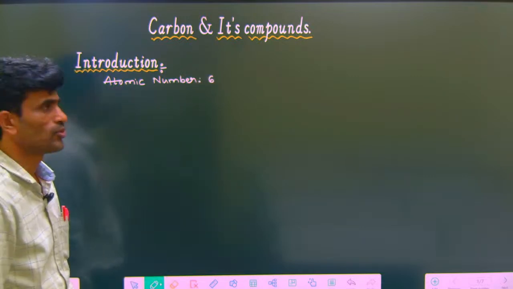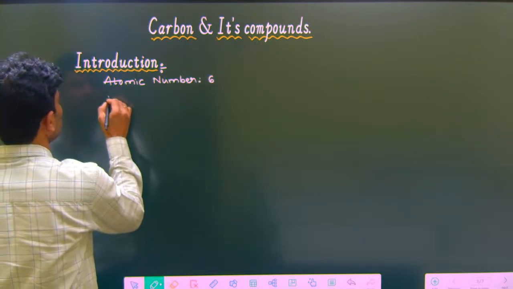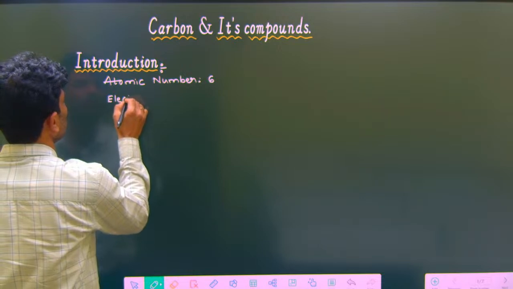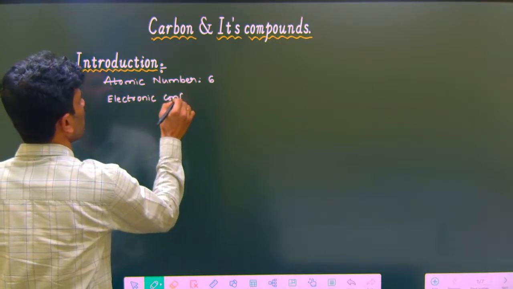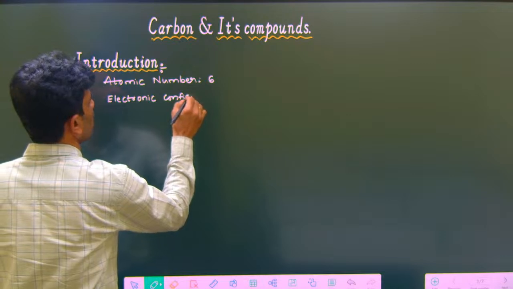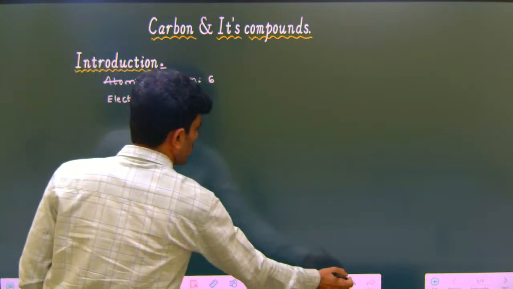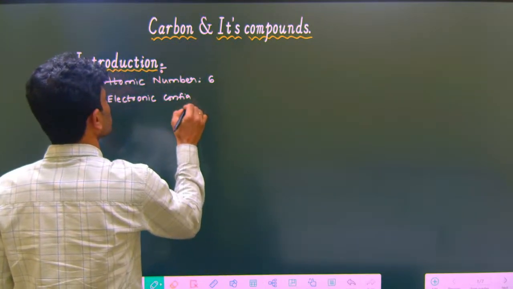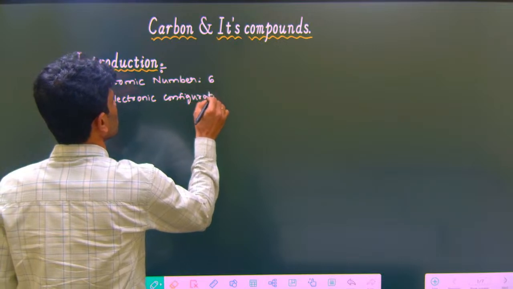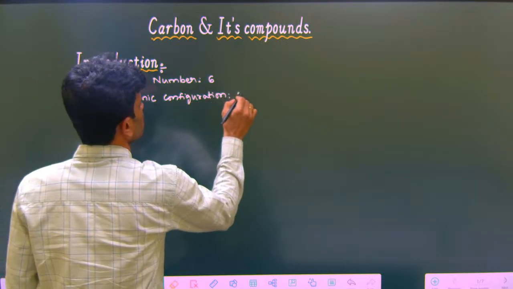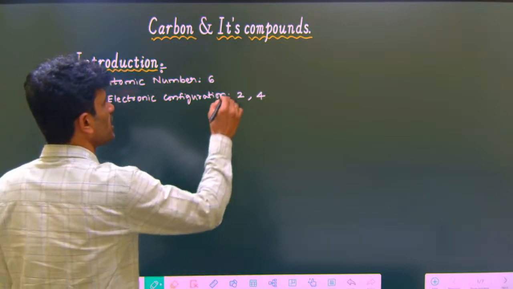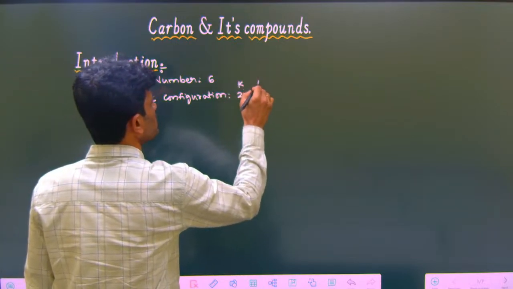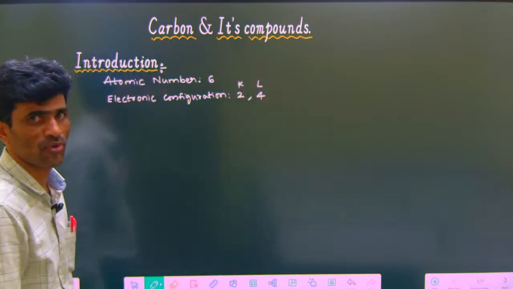Six. So what is the electronic configuration then? 2, 4. That means in K shell we will have 2 electrons and in L shell we will have 4 electrons.